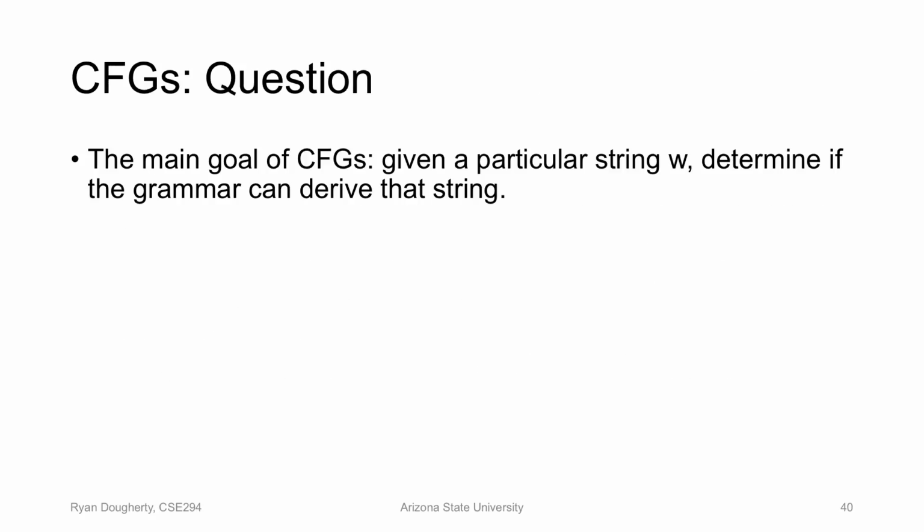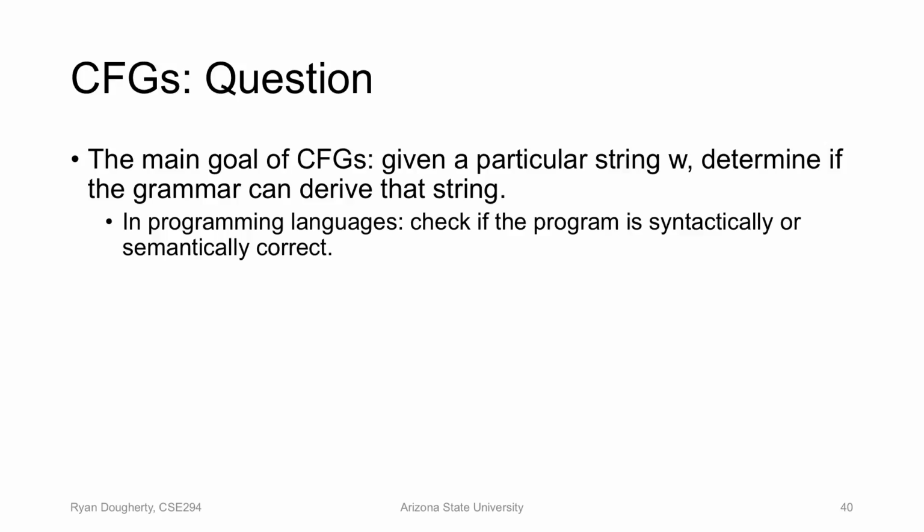Okay, so the main goal, as we've said, is we have this string W and we want to figure out if the grammar that we have can derive that string. So starting with the start variable, apply rules over and over until I get W, or I determine that I can't derive it at all. That's my goal.